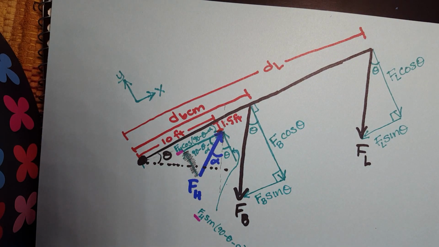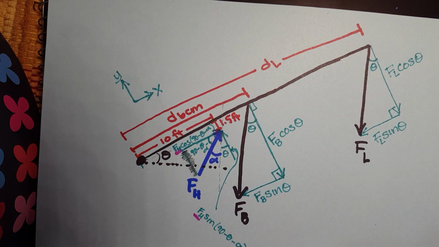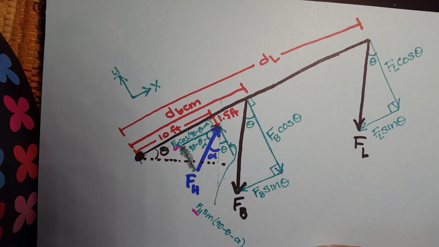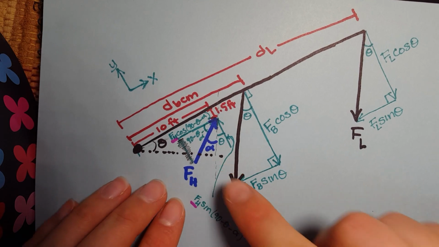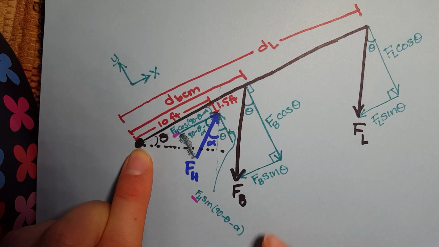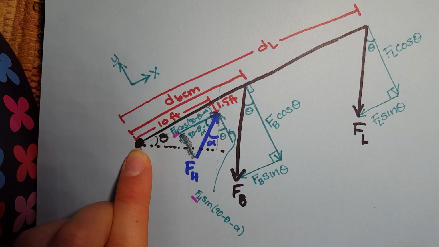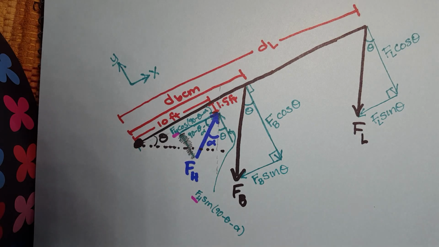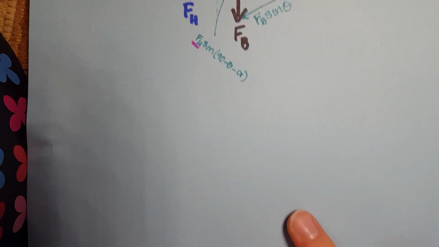Okay, so I'm going to move on and now sum the torques. So all of these forces are creating a torque about this pivot point. I'm just going to redraw this quick because it got really messy really quick, and I think it'll make more sense if I redraw it.